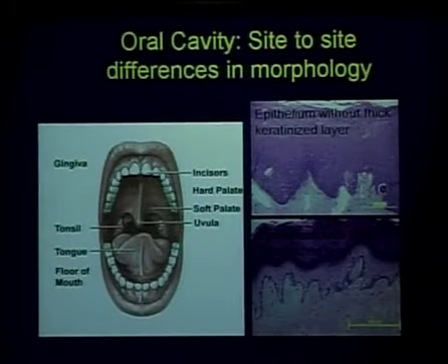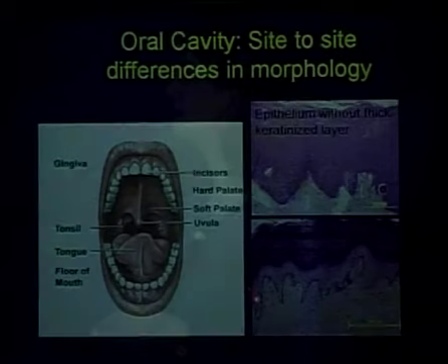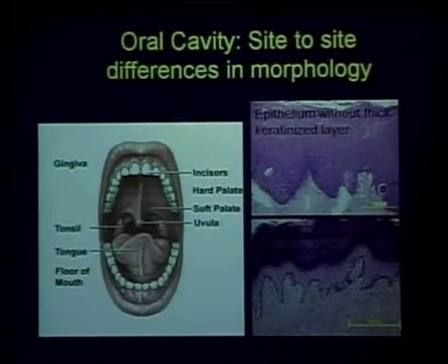But actually, one of the first insights that we gained from this was to better appreciate some of the reasons for the differences in both the imaging results and the spectroscopy results from different sites in the oral cavity. If you look at a biopsy of a keratinized site, and this would include the gingiva and the palate, you can see this very thick layer of keratin and then the epithelial cells underneath it, in contrast to a site that doesn't have any keratin.